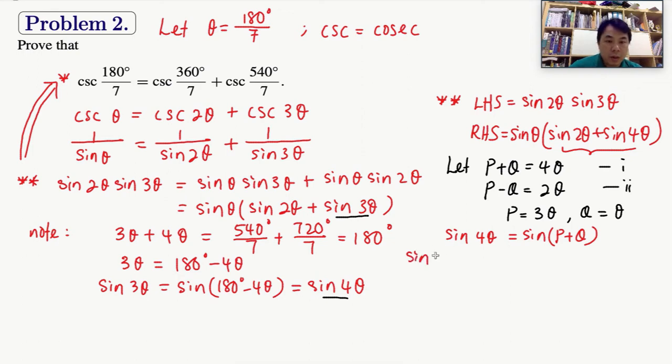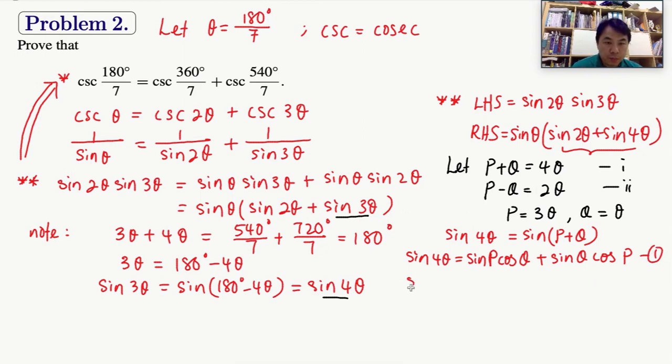So I'm going to write down that sine 4 theta is the same as sine P cos Q plus sine Q cos P. Now, let me call this my first main equation.